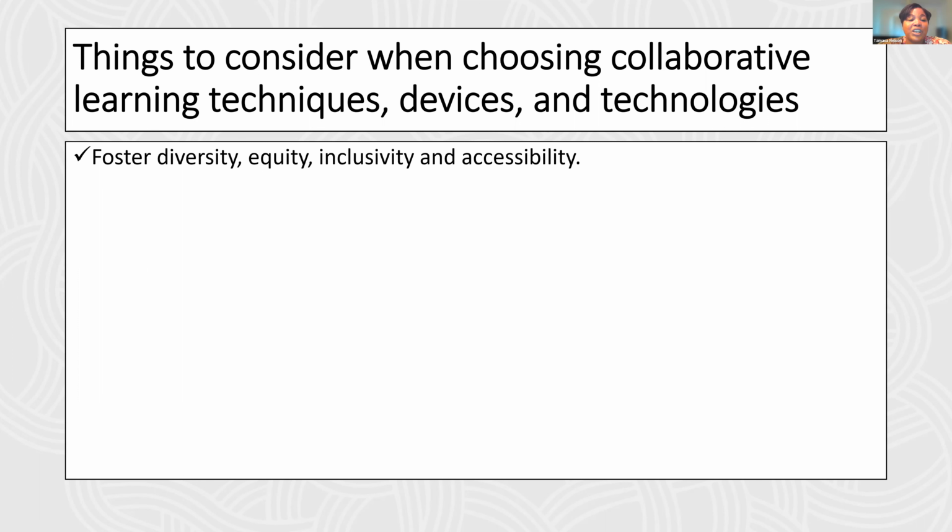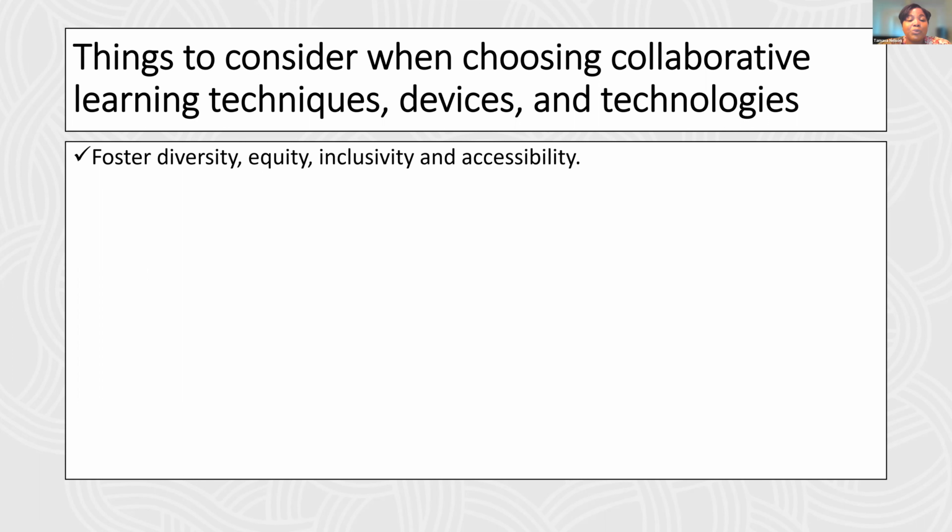Well, then is your assignment equitable for everyone to participate? So making sure the technologies you use, again, we pointed out many different ways you can use these devices. If you have a smartphone, you can still participate whether or not you have an iPad. So just thinking about that.